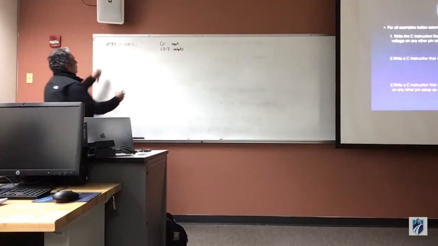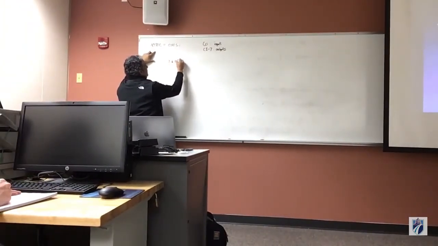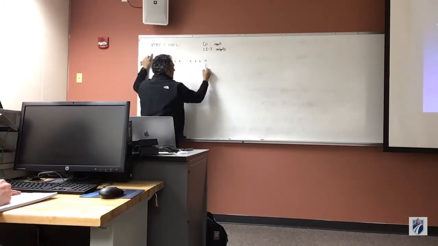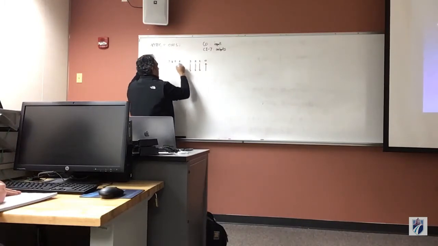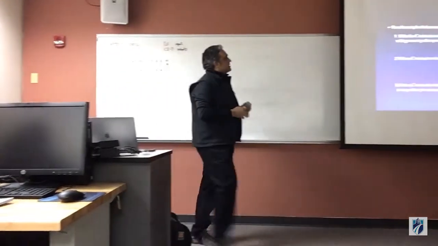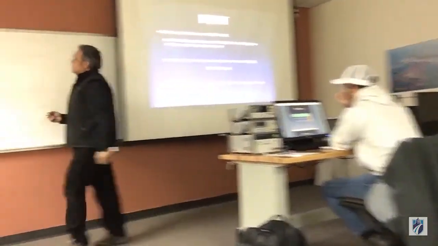So, the port, you have 7, 6, 5, 4, 3, 2, 1, 0. This guy is an input. These guys are outputs. Okay? I am very much interested in putting 5 volts on 7. So I want 5 volts here.